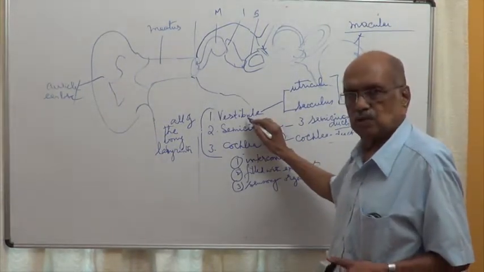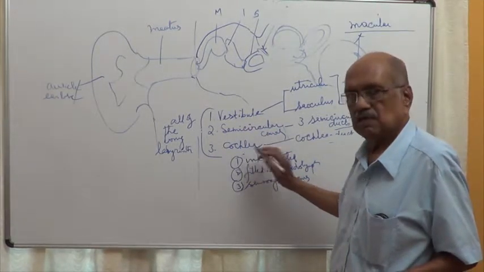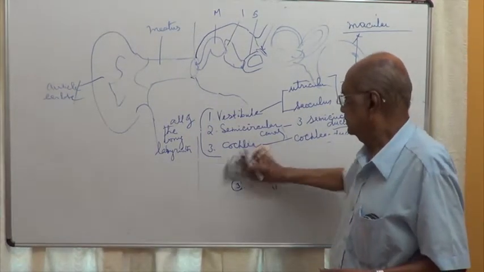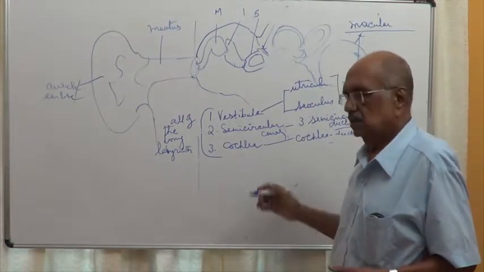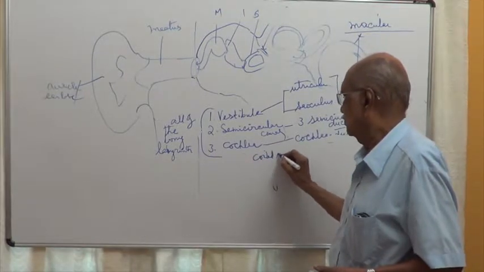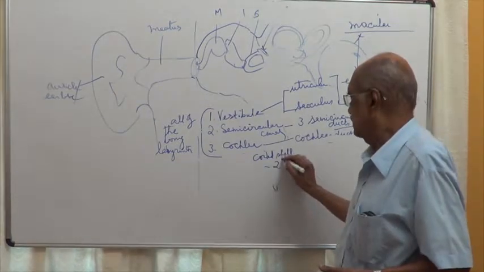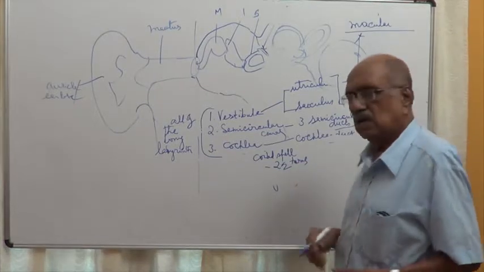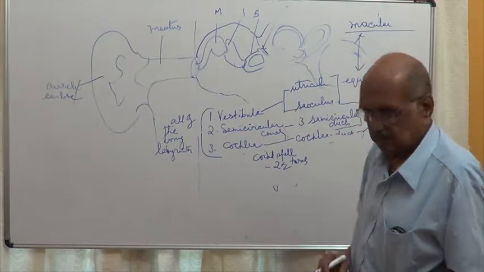Three parts: vestibule, semicircular canals, cochlea. In this, cochlea is the one that gets its name from a coiled shell. Here, the coils take about 2.5 turns around a central axis.